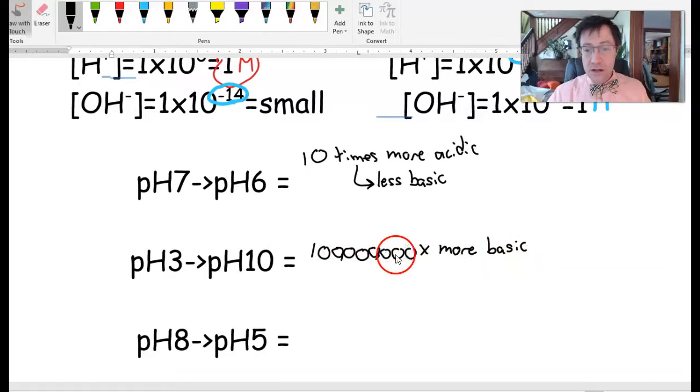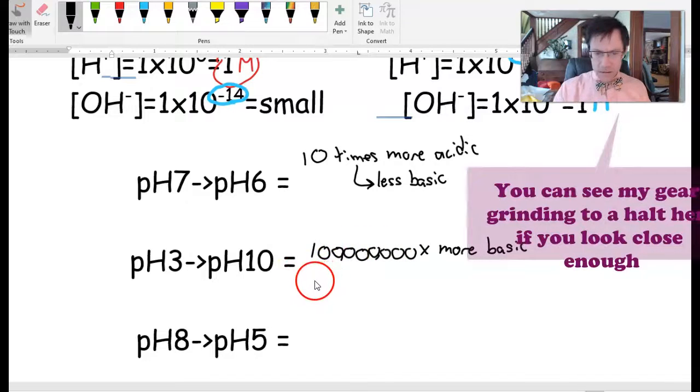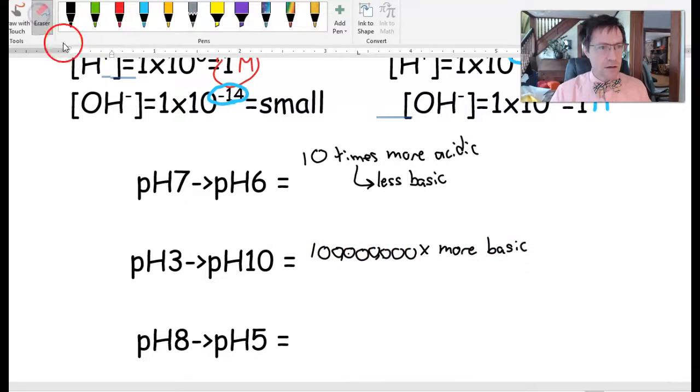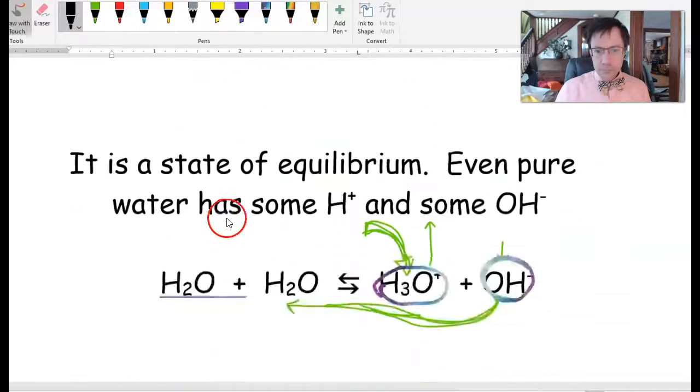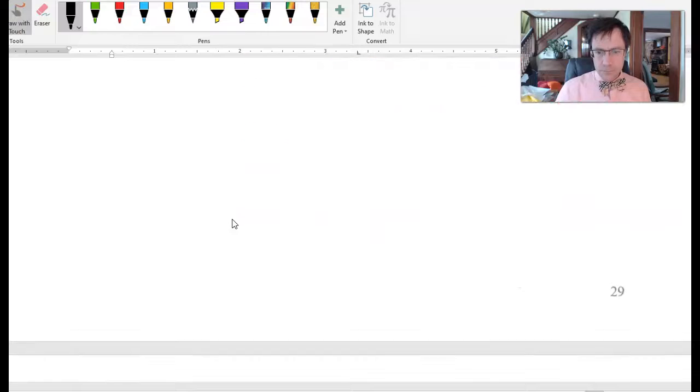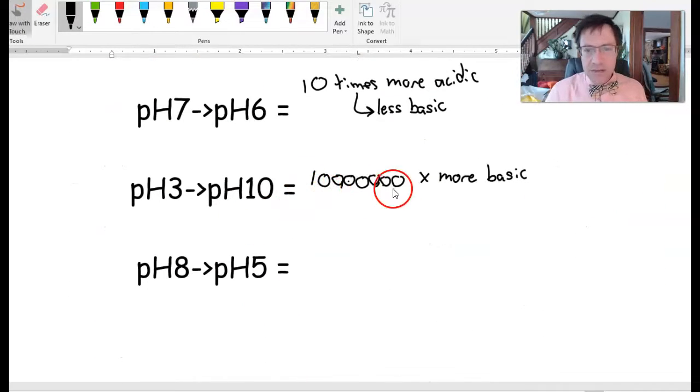Let me recount: 3, 4, 5, 6, 7, 8, 9, 10. Oh shoot, I need to get rid of one of those. Let's see if this eraser actually works. Oh, it does. Sorry, I got that all mixed up. This is hard. 1, 2, 3, 4, 5, 6, 7, 8, 9, 10. There we go. More basic. That's a lot. Fold bigger times more basic. I don't know, they have so many different ways of saying it.